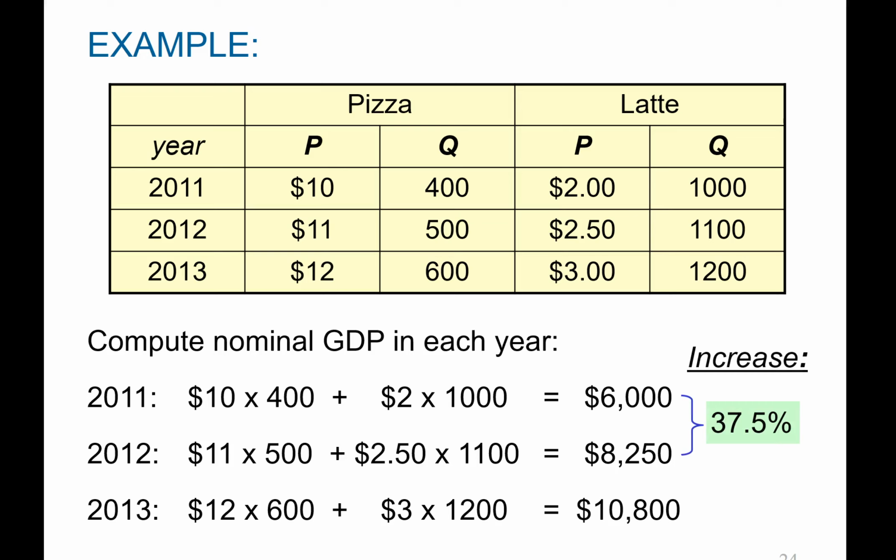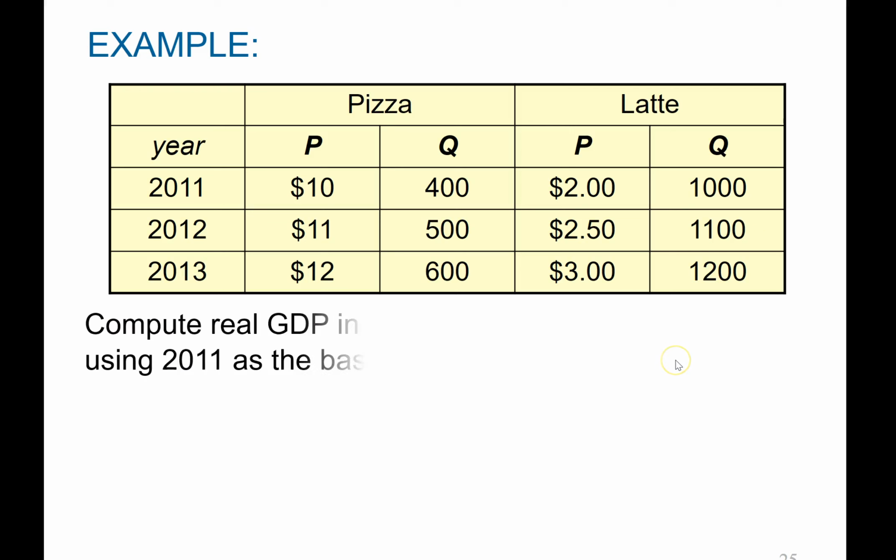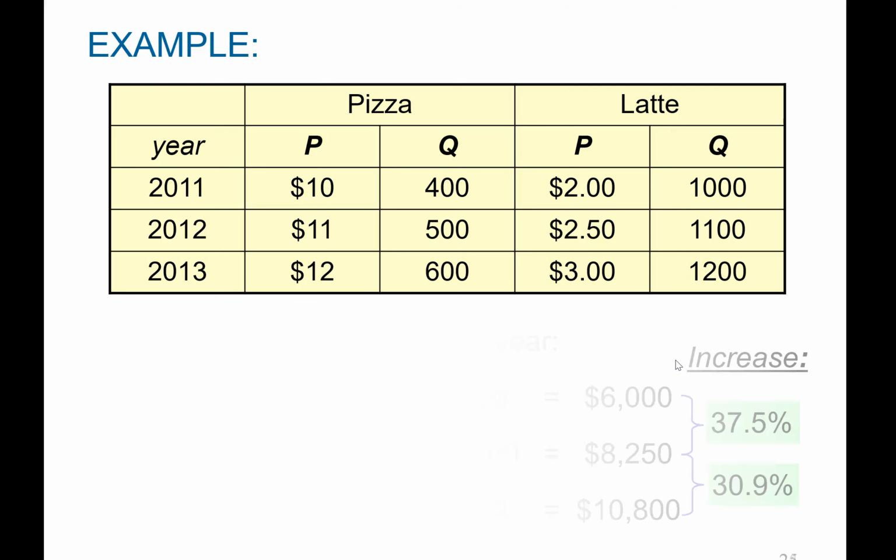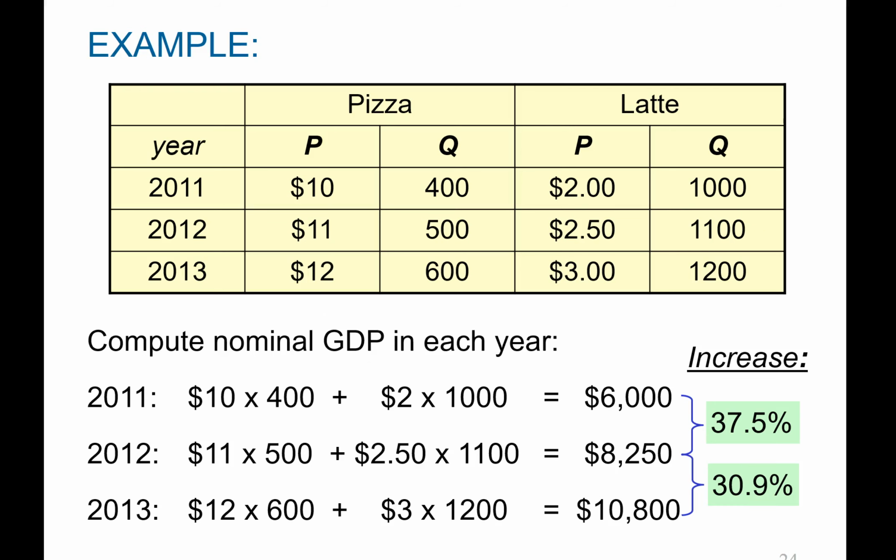So if we measure the increase using just nominal GDP from 2011 to 2012, we'd say, gosh, the economy grew by 37.5%. And then, of course, if we went from 2012 to 2013, we would see a 30.9% increase.